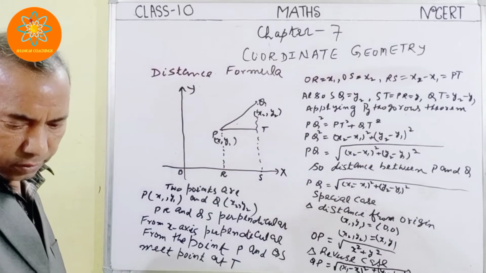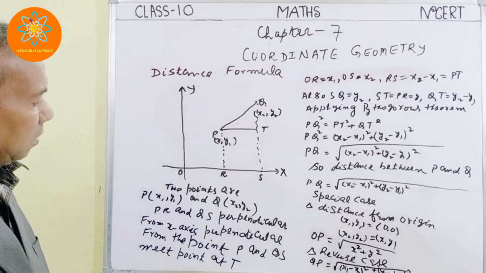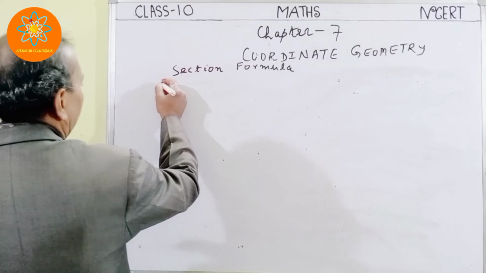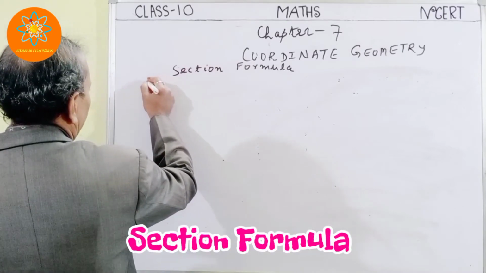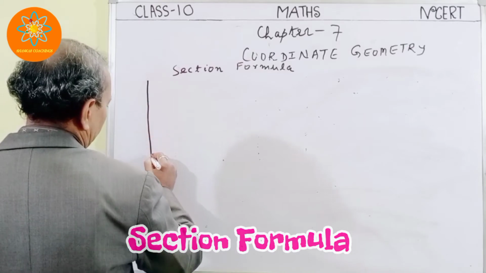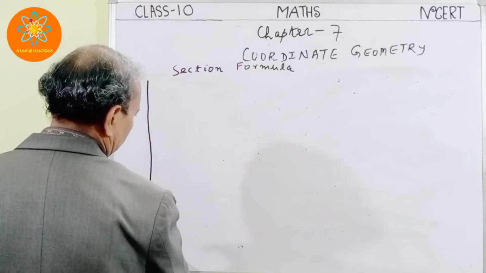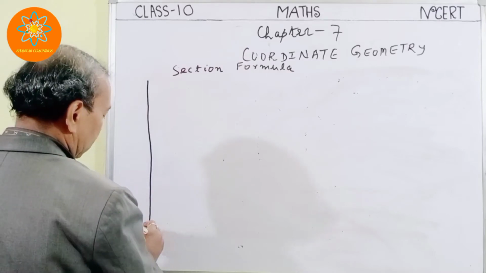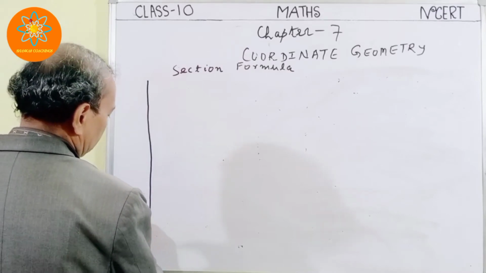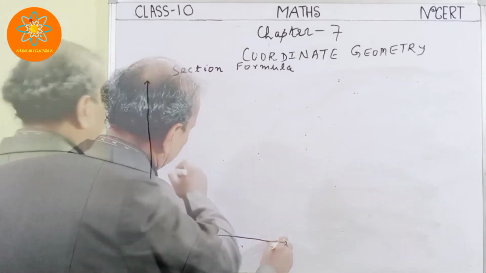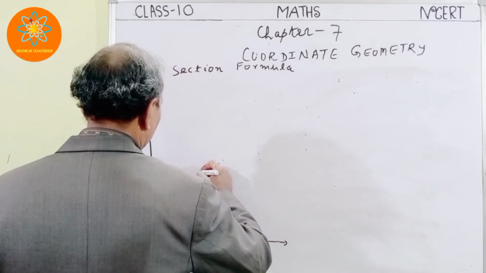So this is the case of the distance formula. Again, in the section formula we have, suppose we have two points.